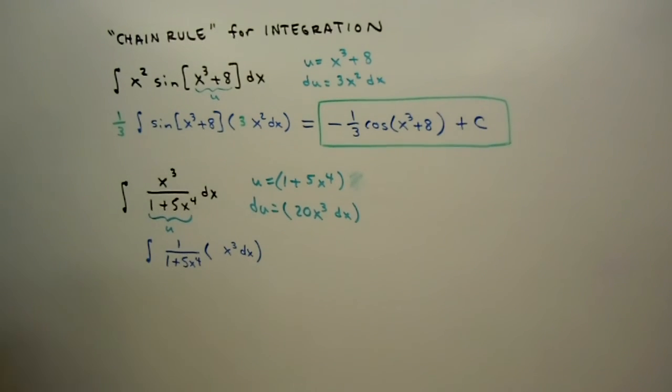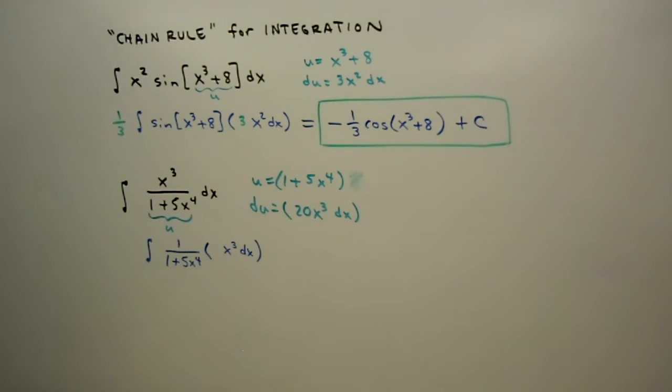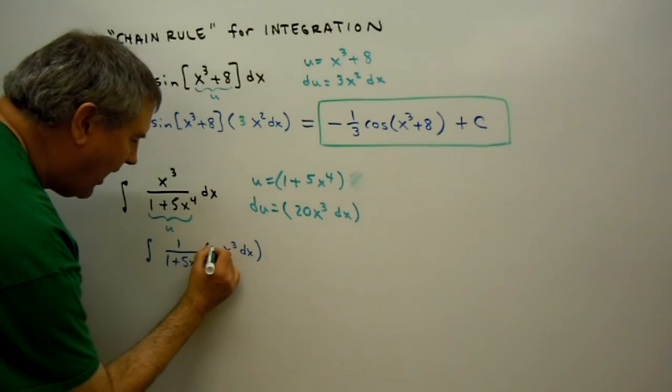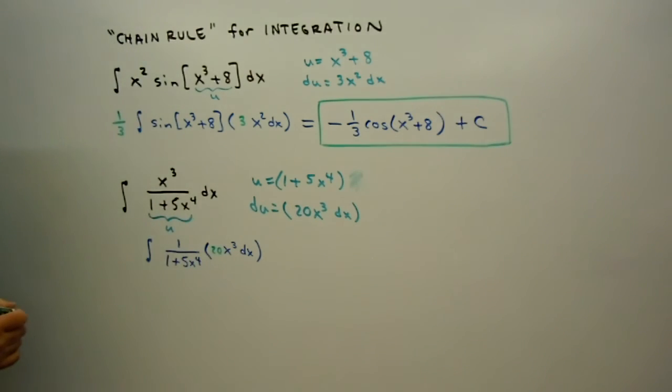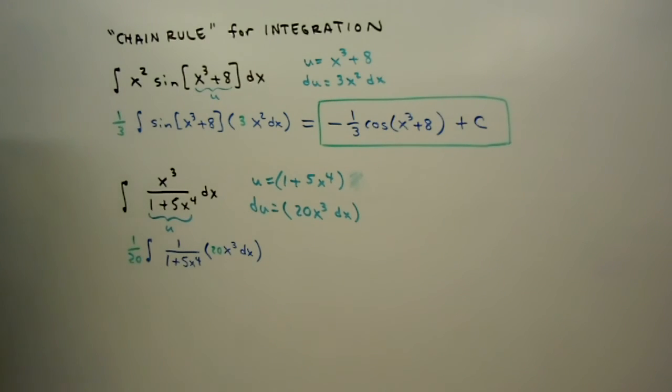But what we do have is at least the x to the third. And if you only have to adjust by a constant, you could always do that. Simply multiply by the missing constant, 20, provided that you compensate by multiplying by the reciprocal of that 20. And now we're ready to do the integral.